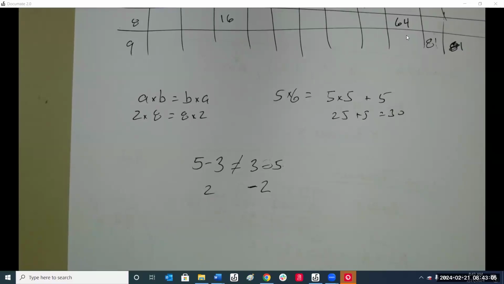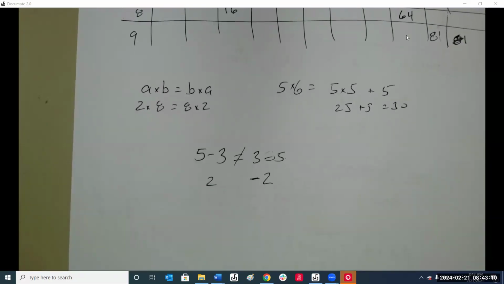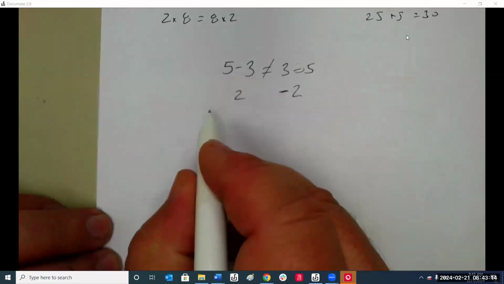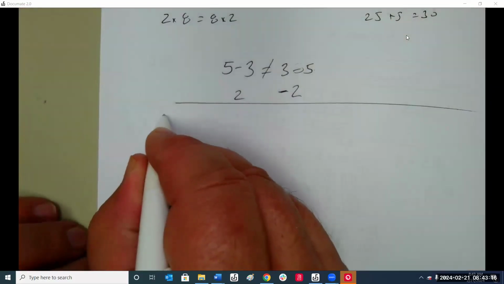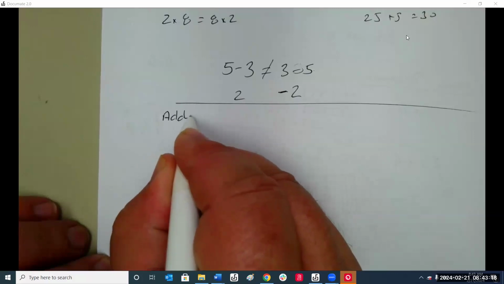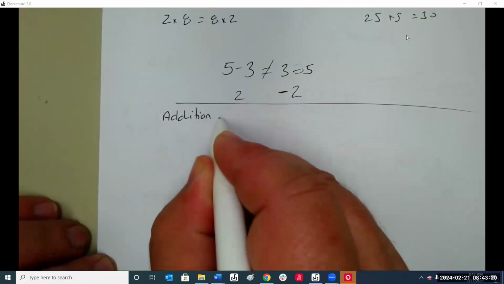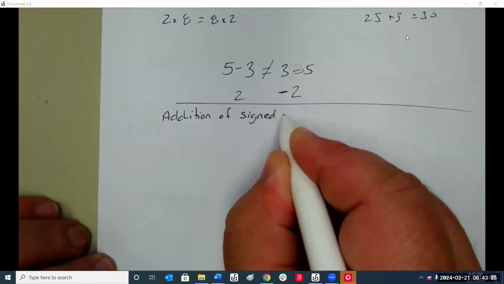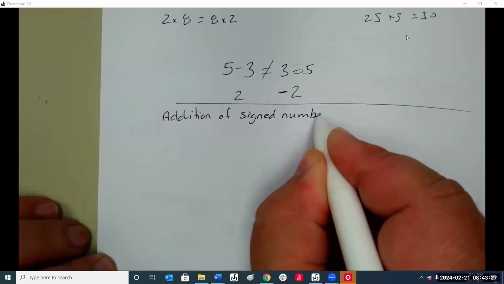So when you teach subtraction, I know I should have done this in the other class, go off script a little bit. Addition of signed numbers.